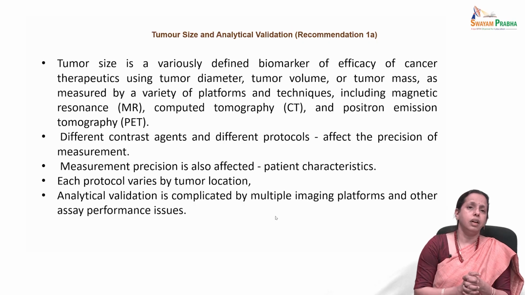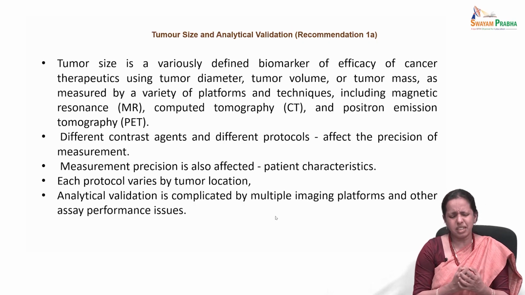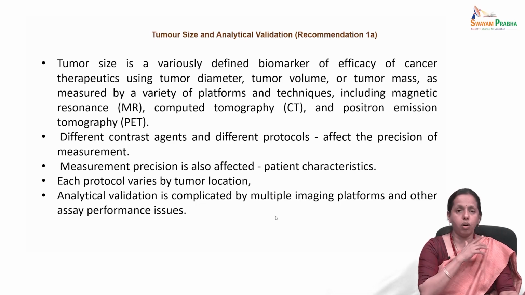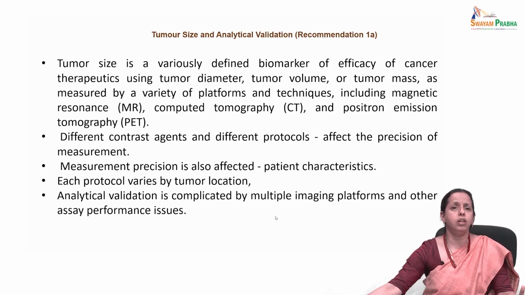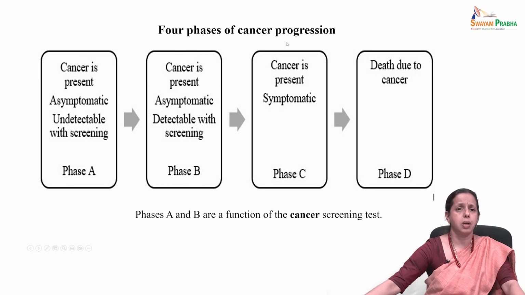This tumor size can also have slight variation, based on your different contrast agents and different protocols, which affect the precision of your measurement. Every protocol to determine the tumor size is also dependent on the tumor location. Now, just recollect: you have the 4 phases of cancer progression.